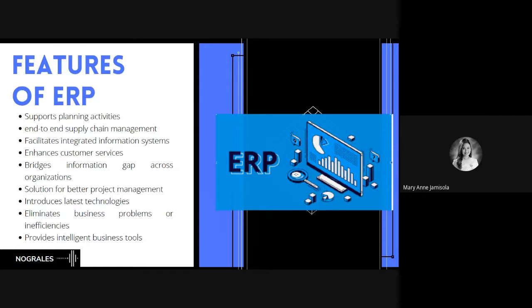So some features of the ERP include the following. It supports planning activities and end-to-end supply chain management. It facilitates integrated information systems. It enhances customer service. It bridges the information gap across organizations. It gives a solution for better project management. It introduces the latest technologies.